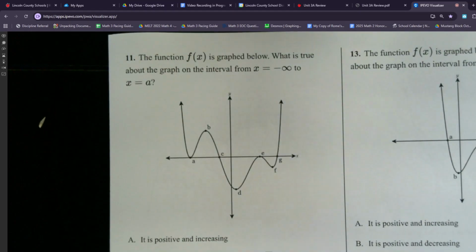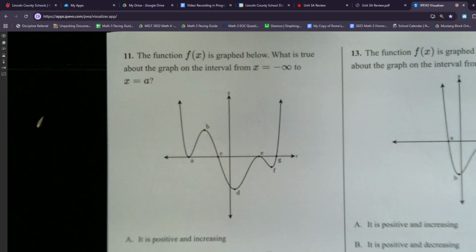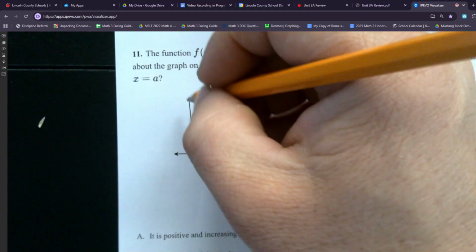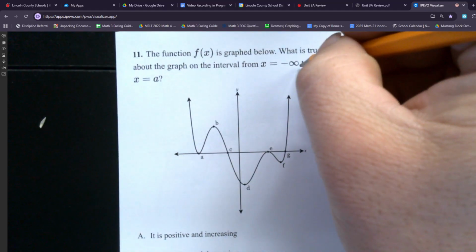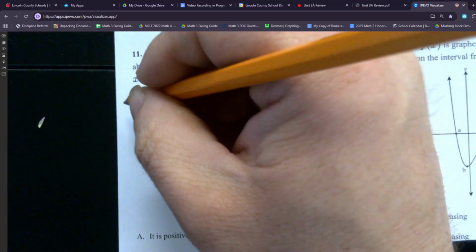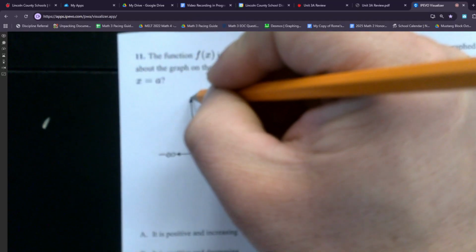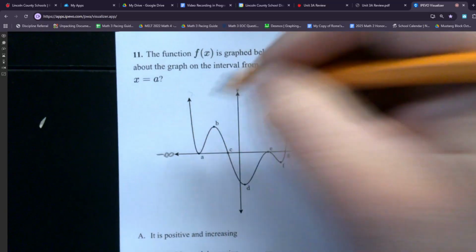Okay, the function f of x is graphed below. What is true about the graph on the interval x equals negative infinity to a? Okay, so x coming from negative infinity, you're coming from negative infinity from this direction. So this shows the part coming in from negative infinity.